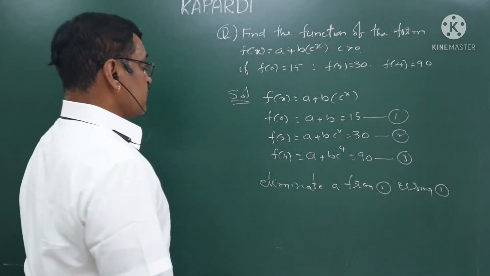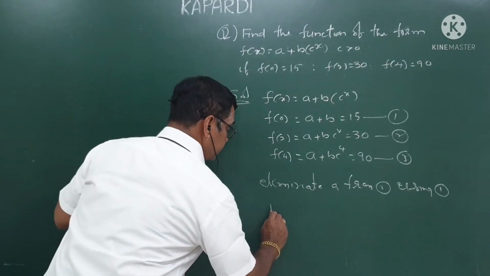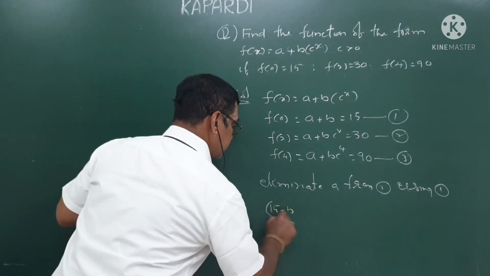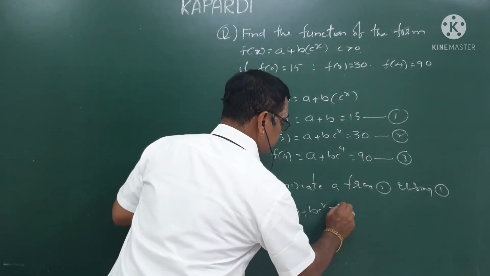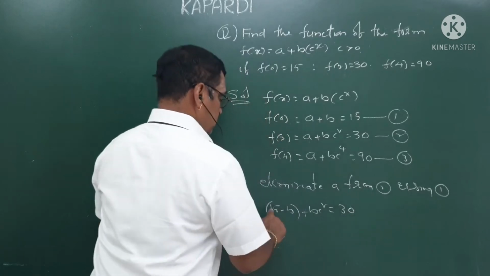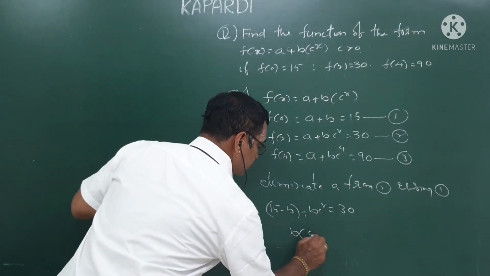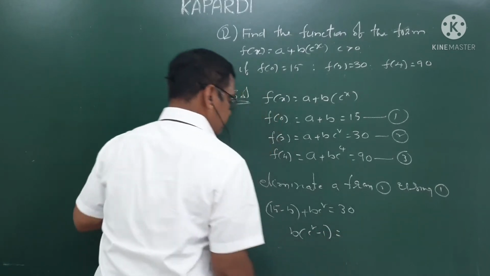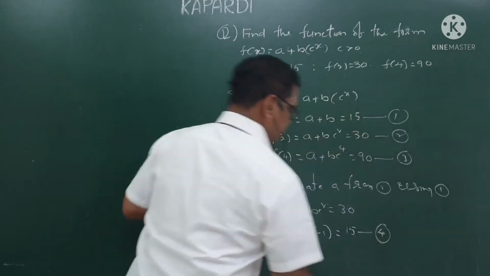So how I can do? a plus b is equal to 15, so a is 15 minus b. Then 15 minus b plus bc square is equal to 30, or I can go for b times of c square minus 1 is equal to 15, that is equation 4.